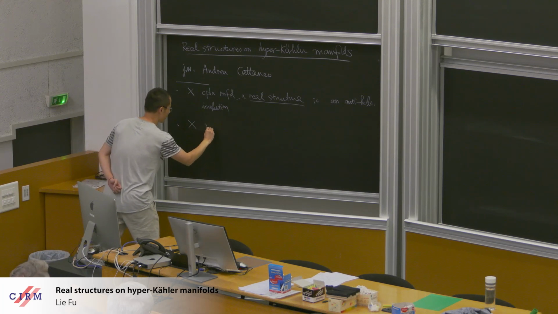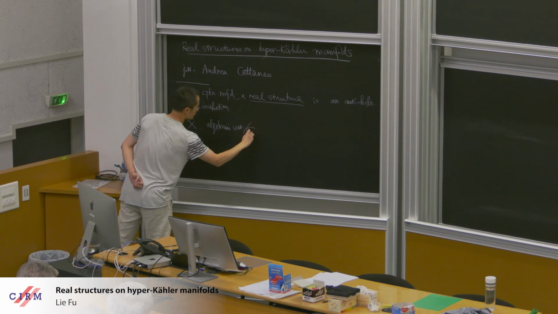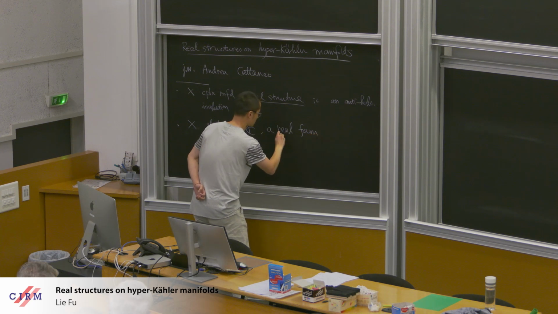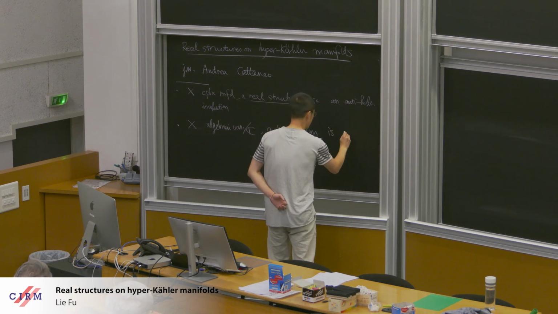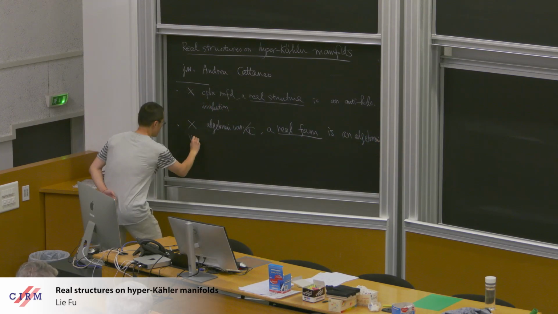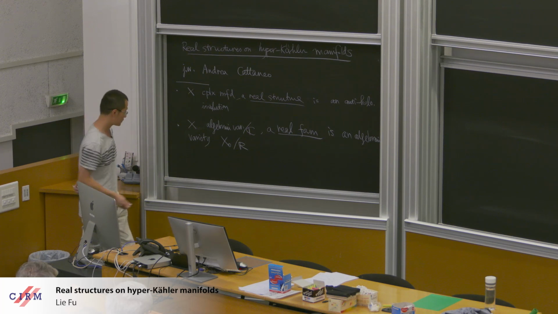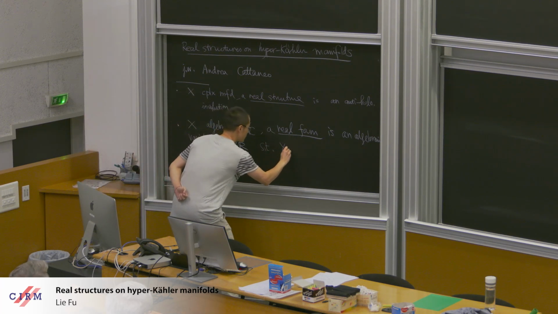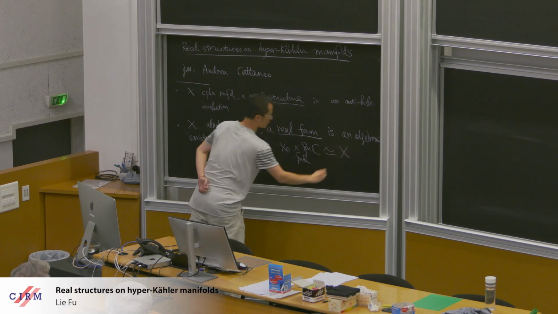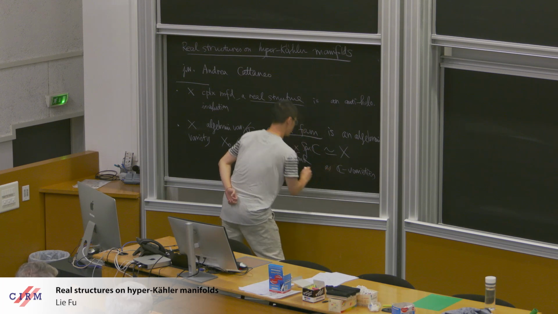And for an algebraic variety defined over C, a real form is an algebraic variety X0 defined over R, that is, a scheme of finite type over R, such that when you base change to Spec C, you get back X as a C-variety.